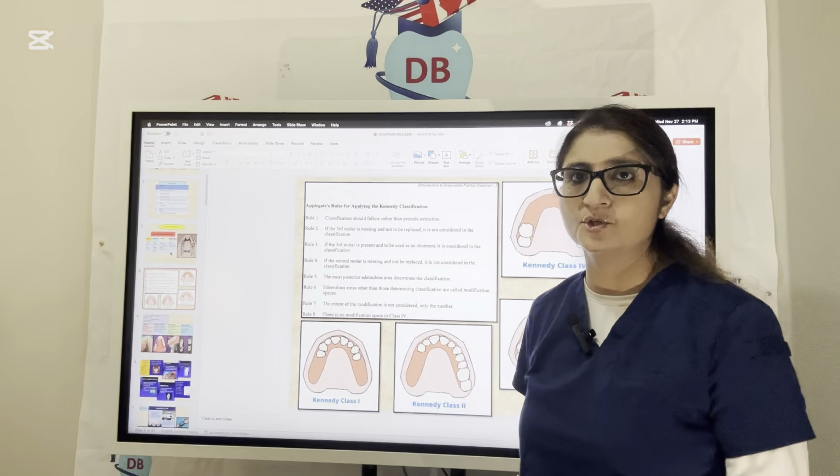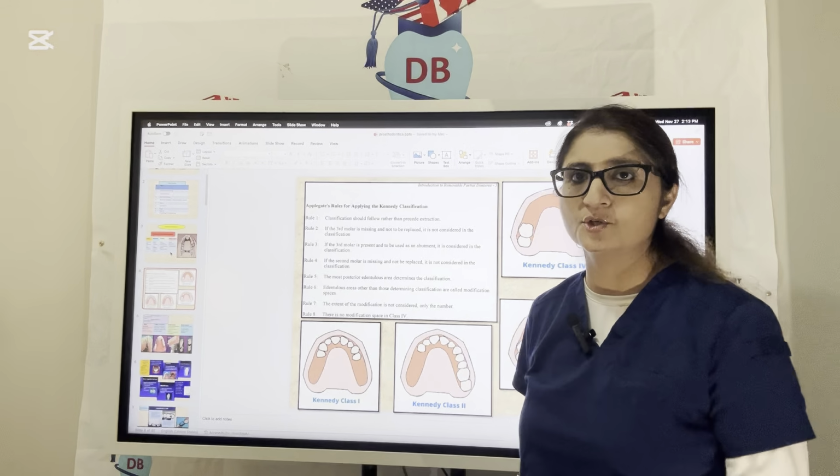This is Kennedy class 3 when you have a unilateral edentulous space, but on both sides it is bounded by natural teeth. And this is Kennedy class 4, where you will have the bilateral edentulous space, which is mainly involving the maxillary anterior, or the mandibular anterior. This one is crossing the midline.